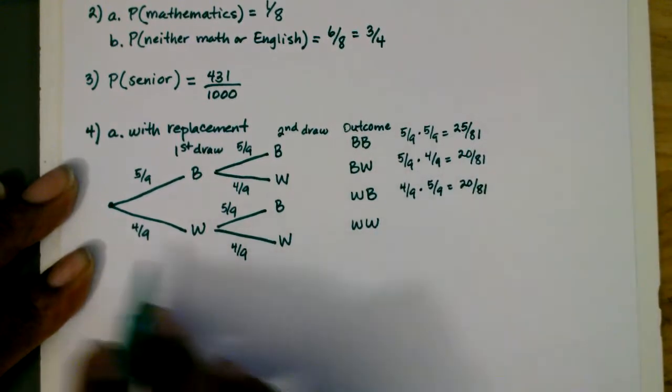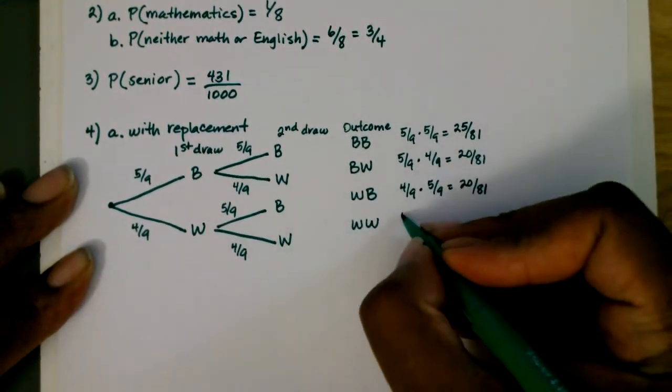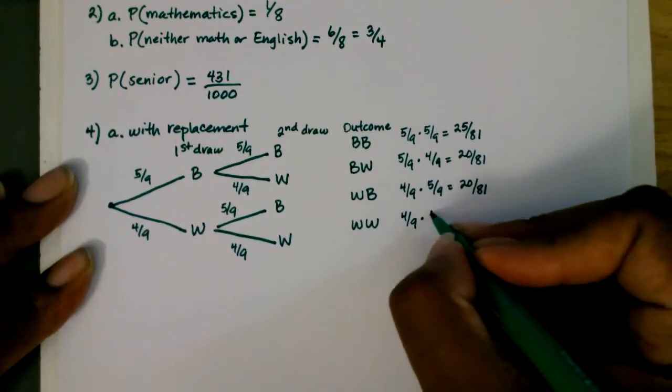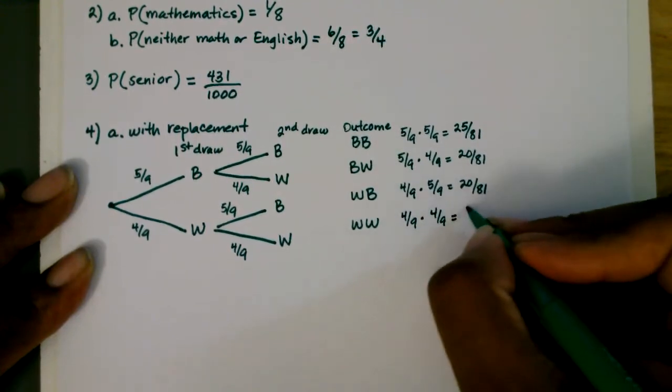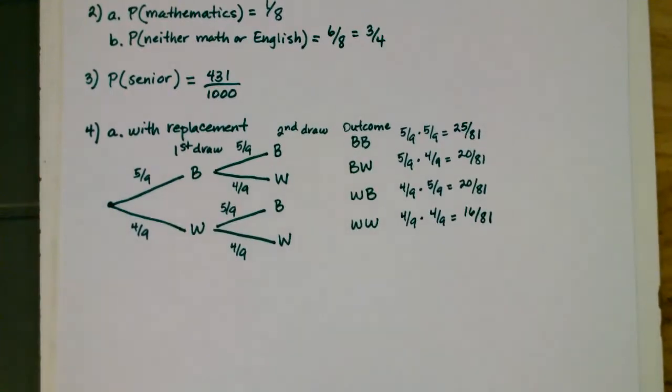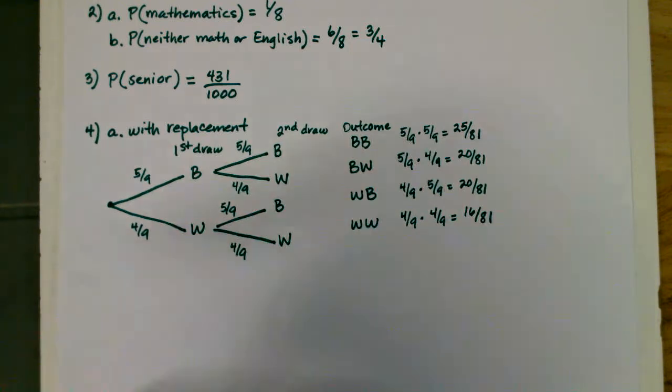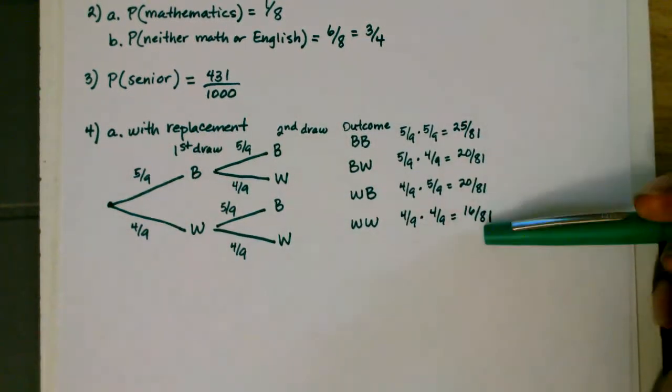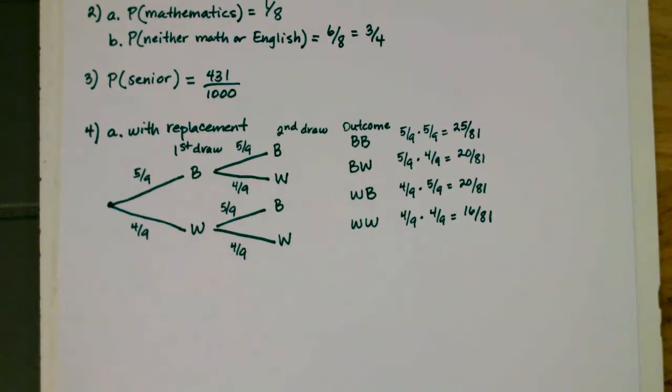And then a white and a white, 4/9 times 4/9, which will be 16/81. Okay, so that's the entire tree diagram with their outcomes and their corresponding probabilities here. And if you were to add these probabilities together, those probabilities should equal 1.